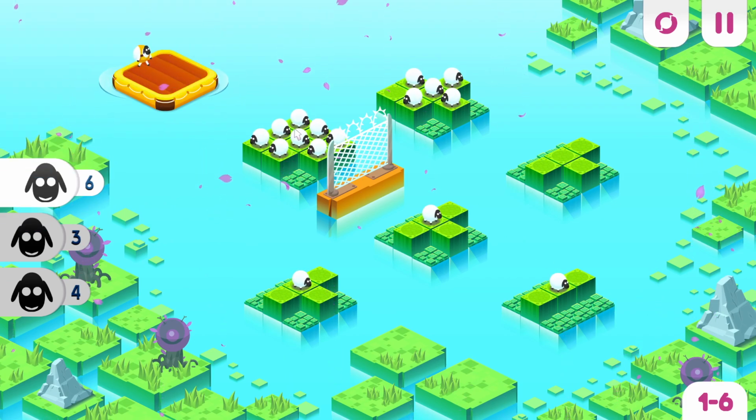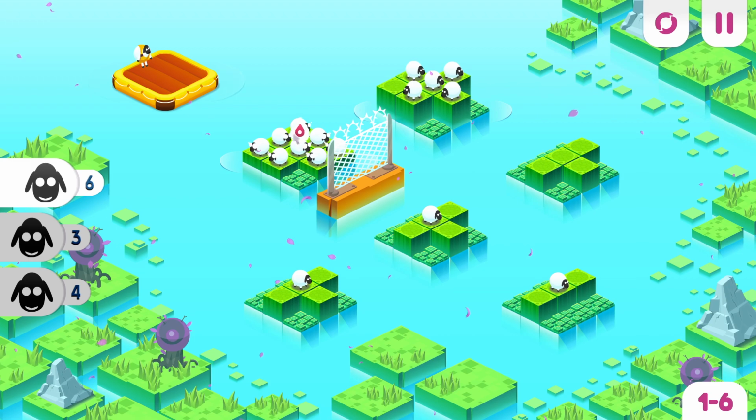So we want 6. How do we get 6? If we did 6, if we did all 8 here, then 2 would probably just drown, or it would just go over and not count.